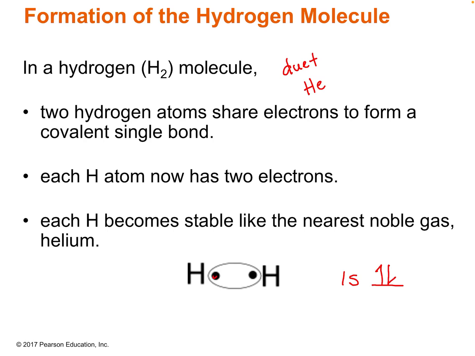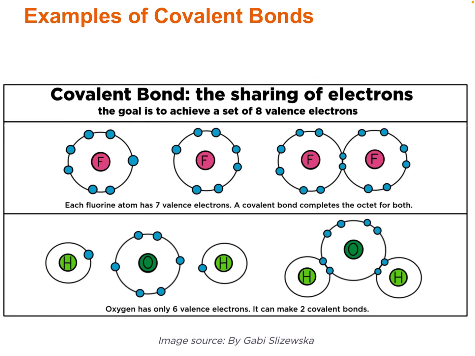So normally hydrogen only has 1 valence electron, so it will share it with another hydrogen atom, and when they share, then together they each get 2. So the hydrogen on the left gets 2, and the hydrogen on the right gets 2. Okay, so now they will each become like that nearest noble gas, which is helium.